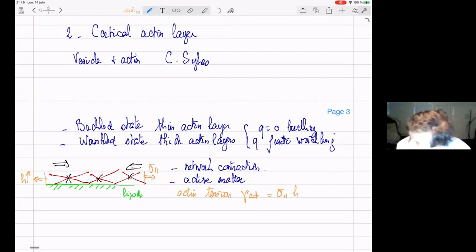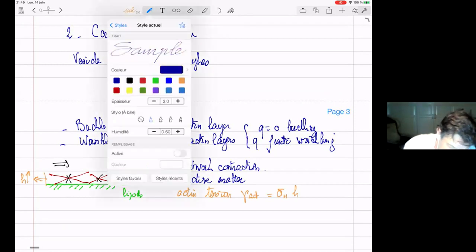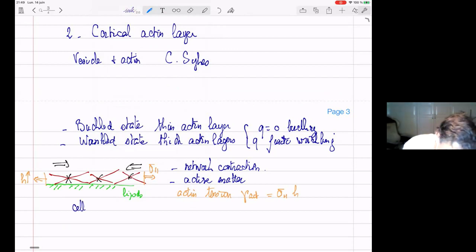Which means that now if I consider this as the layer which is bounding the cell, the total cell tension that I call gamma C has two contributions. There is one contribution from the membrane, and there is one contribution from actin.